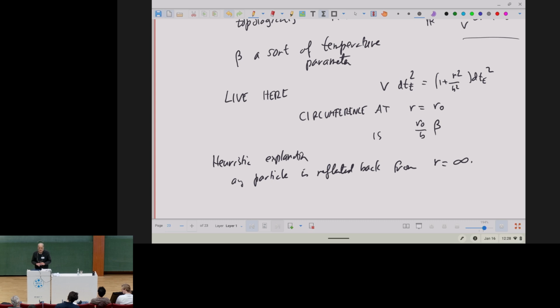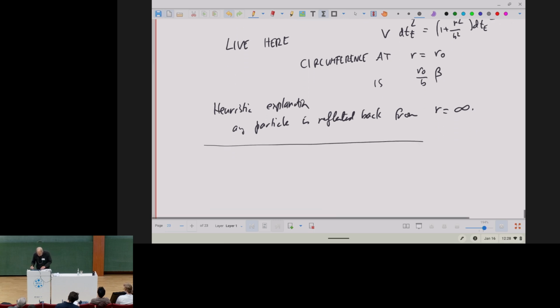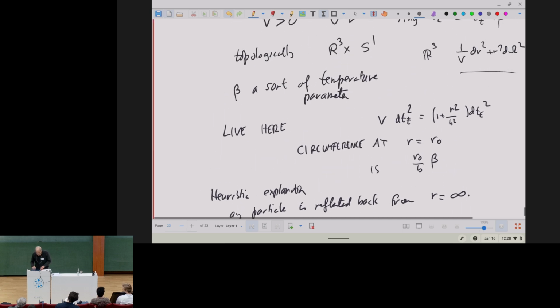Another way to say it is that the proper energy of the particle goes to infinity there because of the behavior of G00. So since beta is a sort of temperature parameter, we can describe a thermal gas in anti-de Sitter space with any beta.